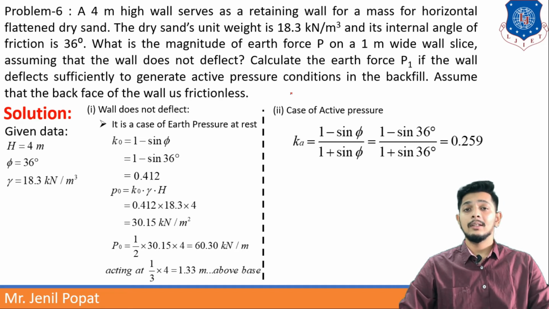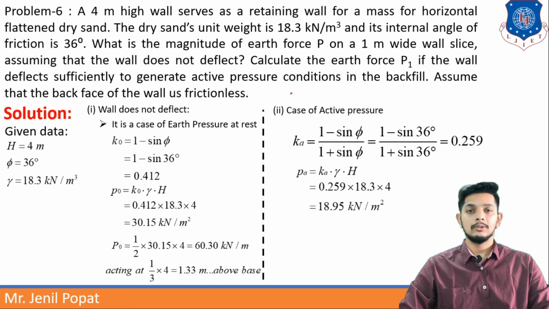Now if I am getting Ka right, then it will be easier, as Pa will be K into gamma into H, and the Pa force will be the triangle area. Let us put K as 0.259, gamma as 18.3, H as 4 meter, and Pa will be 18.95 kilonewton per meter square.